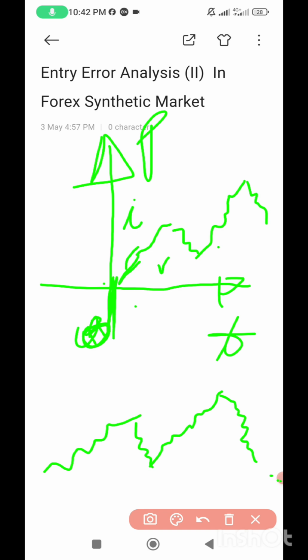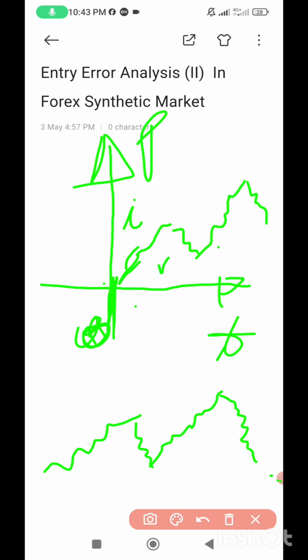Then we have major impulse events and minor retracement events, but in each of these events the impulses and the retracements must occur simultaneously. That's why each part is a wave path.